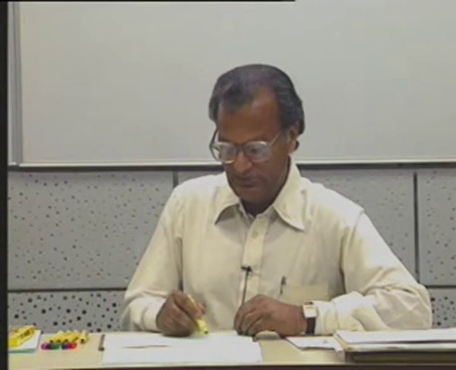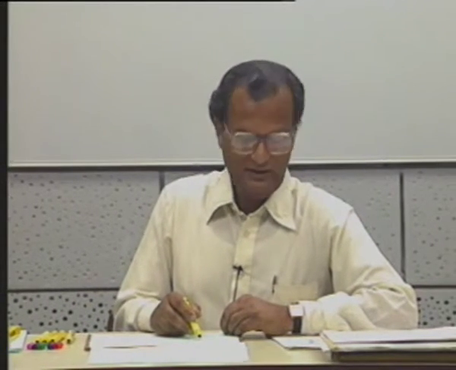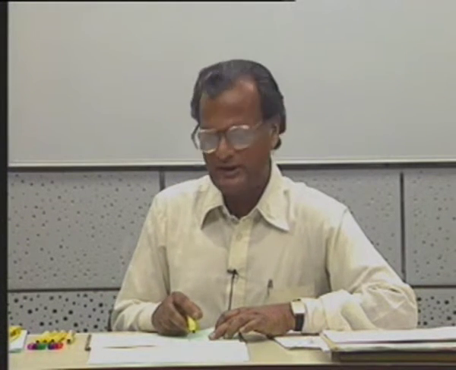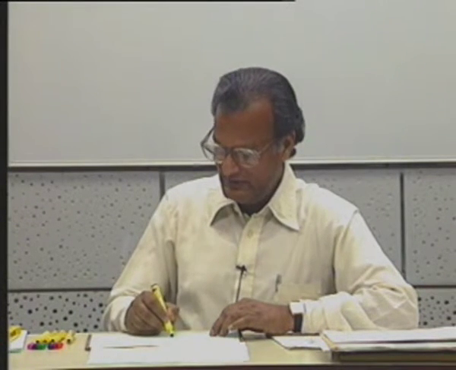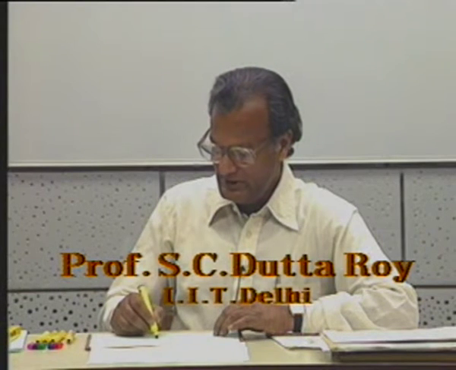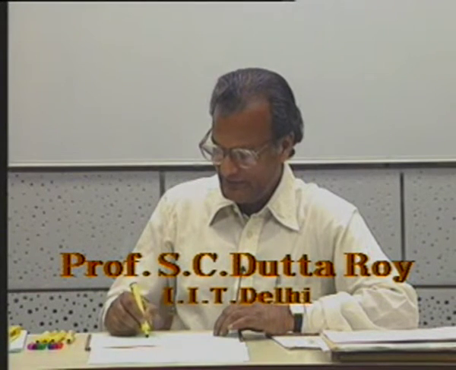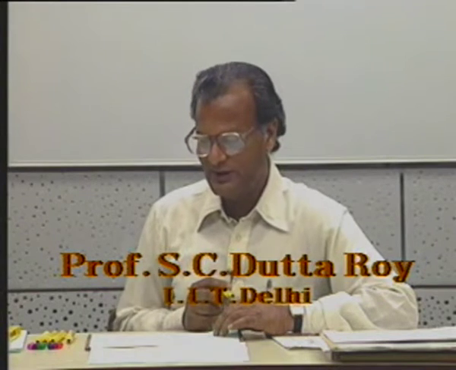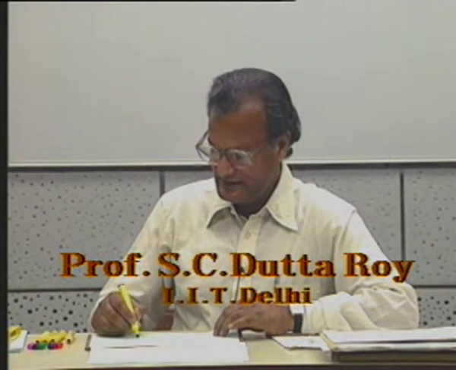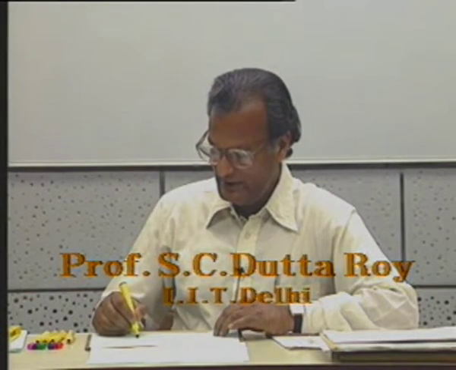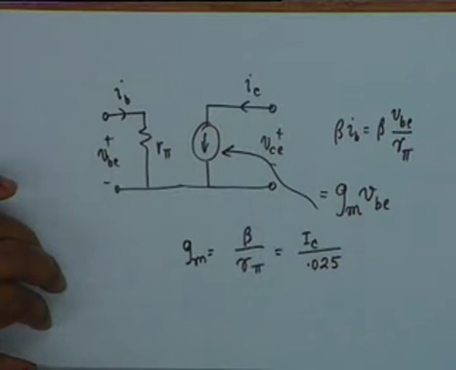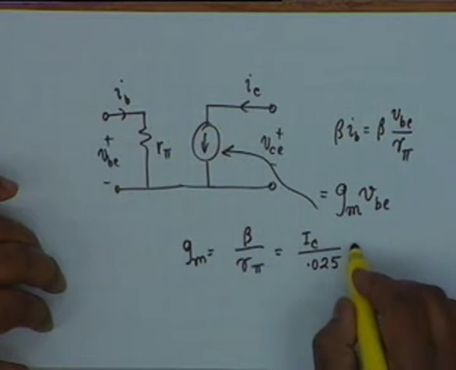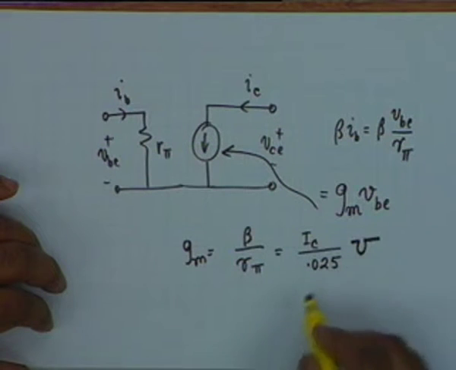The current here depends on the voltage here, and therefore it is a transfer conductance or transconductance. The value of GM, as you can see, is beta by R pi, and if you recall what R pi was, you simply see that this is I sub C divided by 0.025, all right, and the unit is mho.